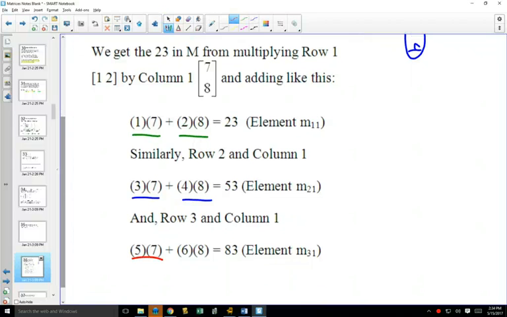The 5 would hit the 7, the 6 would hit the 8. Add them together, and you'd get 83. So this one only had 3 calculations to do, but sometimes you have quite a bit more depending on how big your answer is, how many rows and columns you'd have to multiply together.